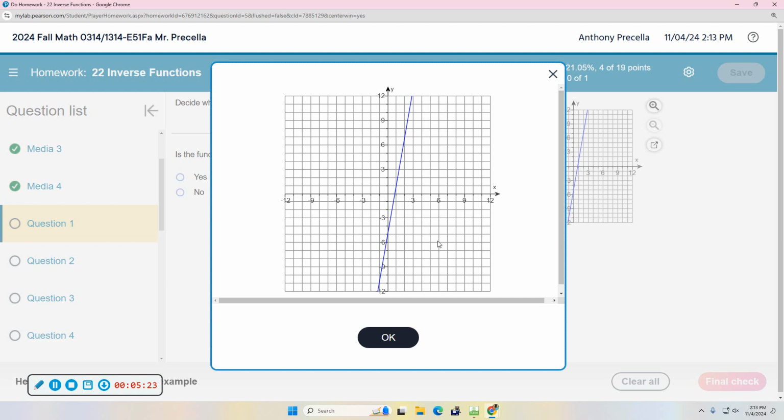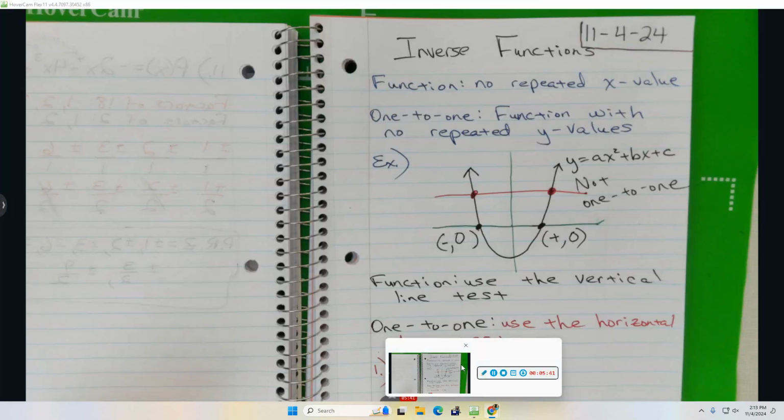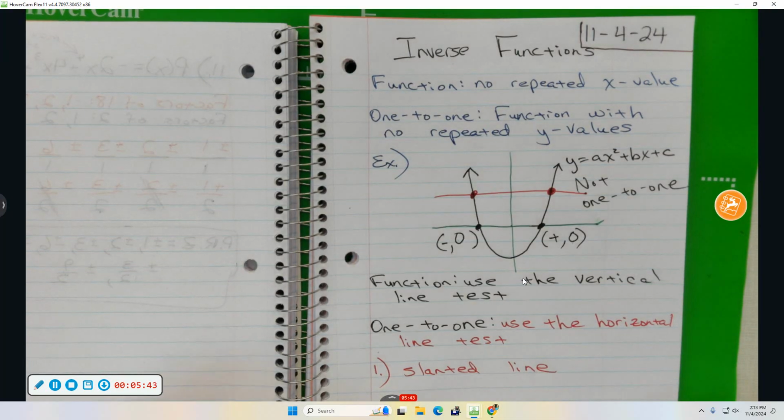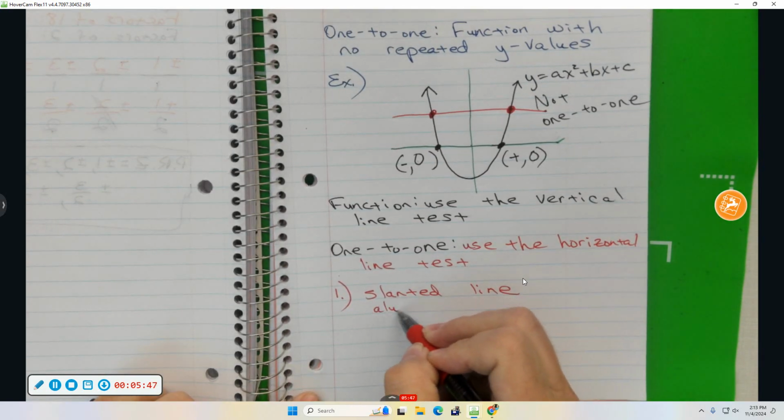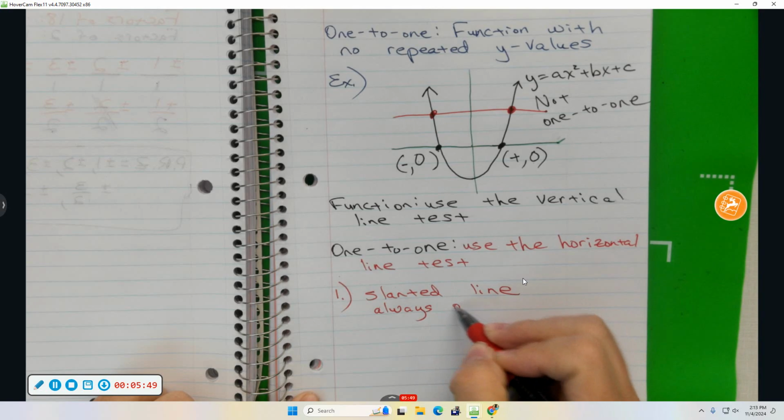That's one of those strange things. It's that negativity. The horizontal line test says whether something's not one-to-one. If it hits it twice, it's not one-to-one. Here, no matter where you draw that horizontal line, it'll only hit it one time. And so, for any slanted line, it's always one-to-one.